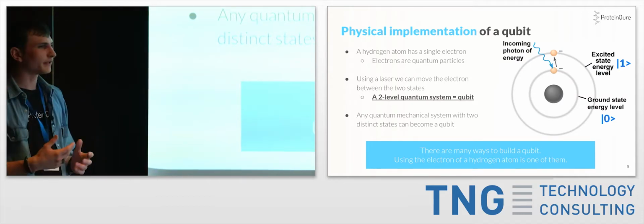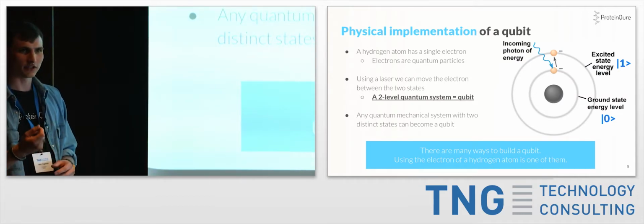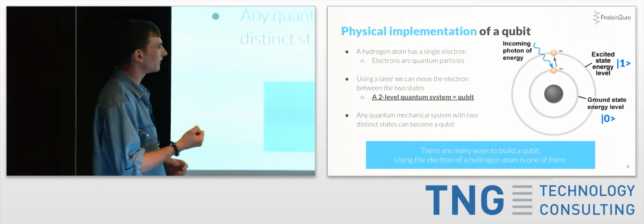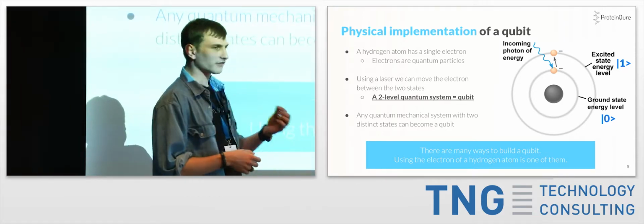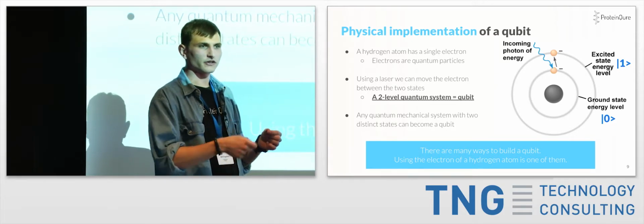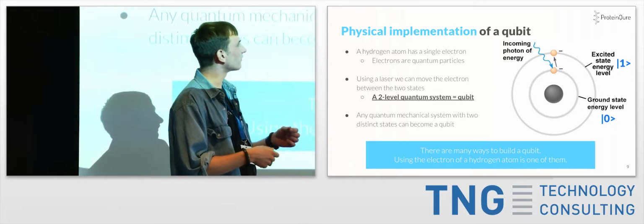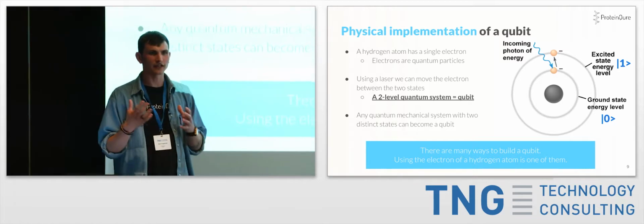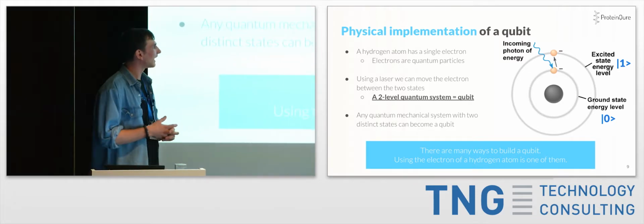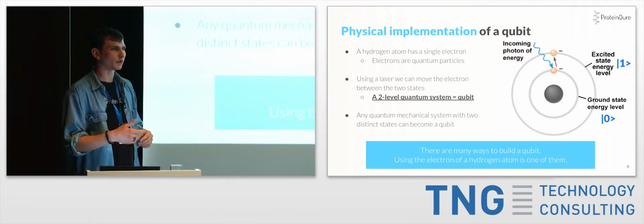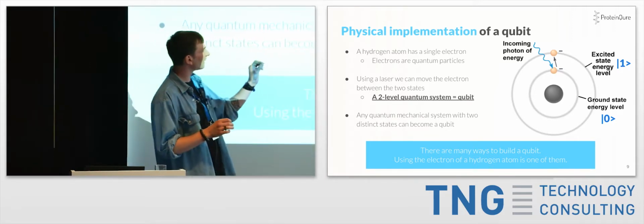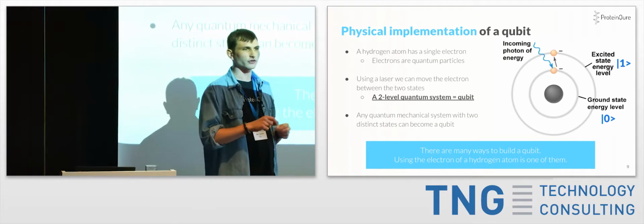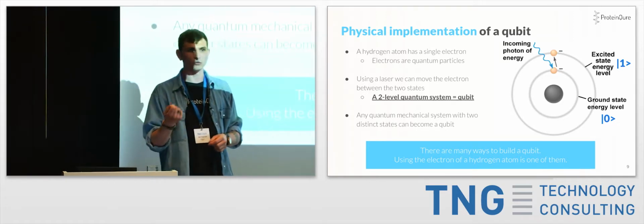And to make this a little bit less abstract, how do you actually implement a qubit physically? There's a relatively simple example. When you look at a hydrogen atom, it has a single proton at its core and an electron surrounding it. And usually that electron finds itself in the ground state, which you can define as the 0 state. And in order to do a bit flip operation, you can send a laser with exactly the right amount of energy to that electron, which makes it move up into its first excited state, which you can define as a 1.